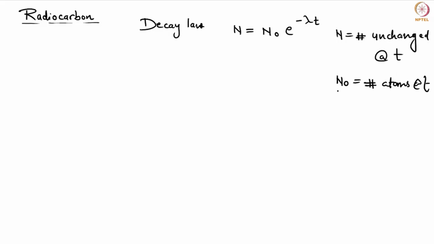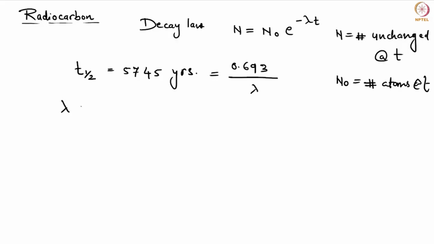Okay, so first of all, let's go back to our simple solution, t half, because we have the value of t half given here, that is 5745 years. So t half basically equals 0.693 by lambda, that you already know. So we can find the value of lambda from here: 0.693 divided by 5745.